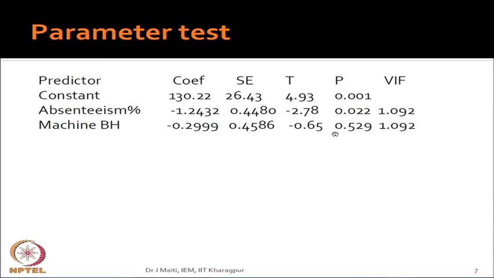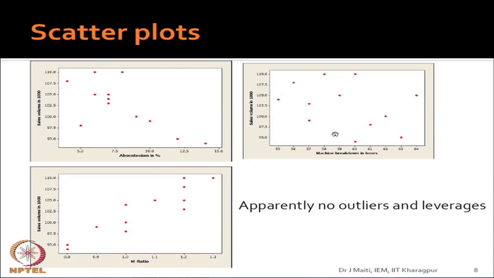So, that has no effect, which is also revealed in this picture. If we include M ratio, your regression fit will be better and R square will go to the higher side because there is almost perfect correlation in this case. So, by seeing a scatter plot, it is not always possible to find out whether there are outliers or leverages.